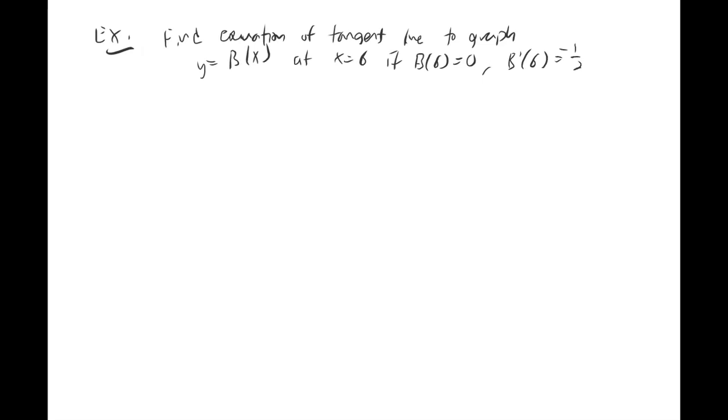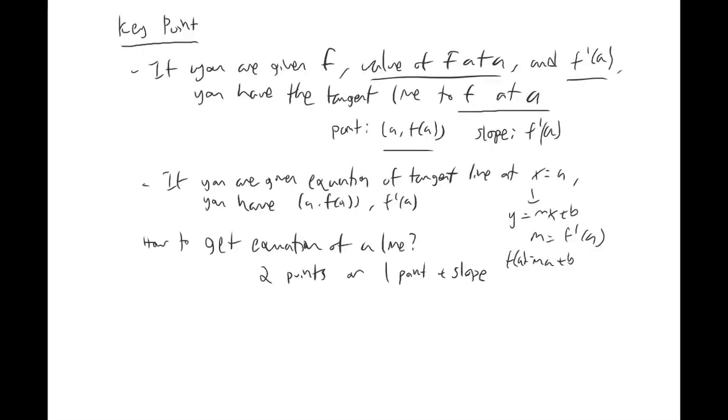This is easy. Again, it wants us to find the equation of a line, right? So to get the equation of a line, all I need to know is the value of my function at a and the derivative at a.